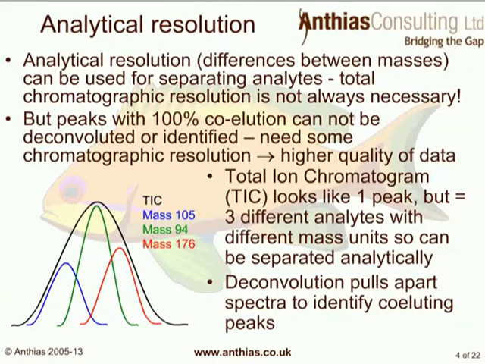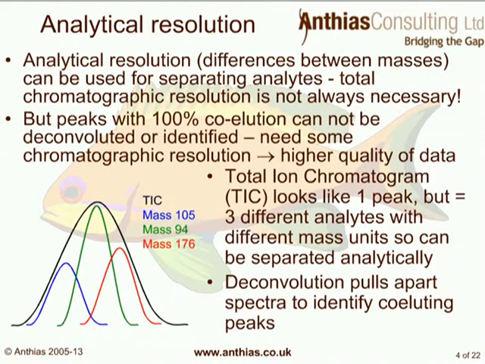So the first part in GCMS is the gas chromatograph, where we get chromatographic resolution. So we're separating all our peaks from the matrix and from each other on our analytical column. But having a mass spectrometer at the end also means we can use analytical resolution. And this is the difference between the masses that can be used for separating analytes.